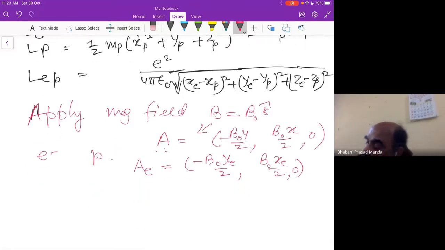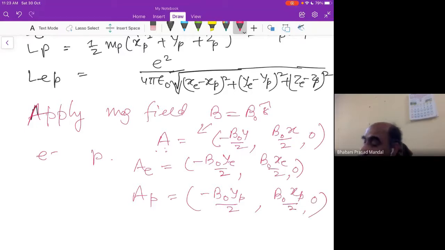Then you will have A of proton: the vector potential for the proton will be similarly minus B0 y_p over 2, B0 x_p over 2, and 0. This is the common mistake students make, thinking there will be only one vector potential, but the charged particles are different, so the vector potentials also will be different.